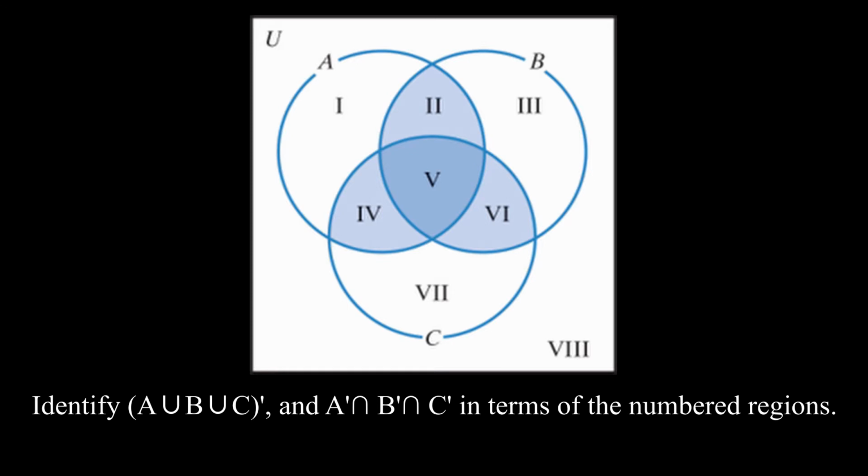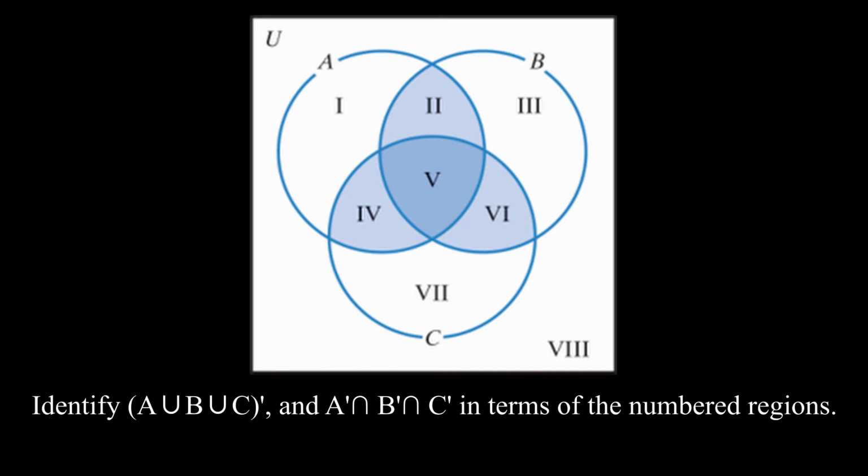and our goal is to look at the picture we're given and be able to identify certain unions and intersections, namely A union B union C, whole thing complement, along with A complement intersect B complement intersect C complement in terms of the regions graph.